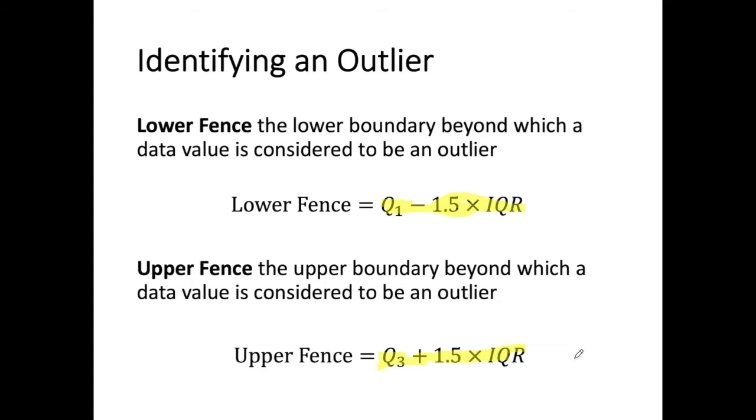Let's have a look at an example. In my example, we've got data that represents the car sales each month at a car yard. We've got 12, 9, 15, 10, 11, 23, 14, 8, 6, 11, and 13. We want to calculate the lower and upper fence and identify any outliers.